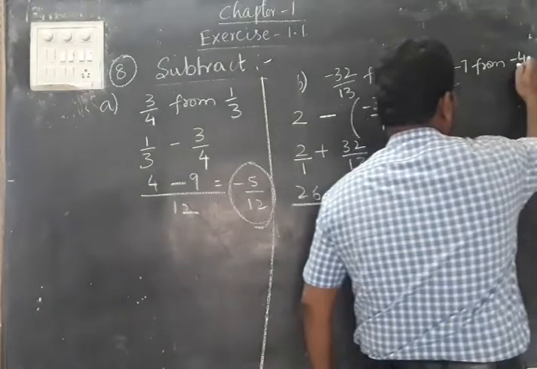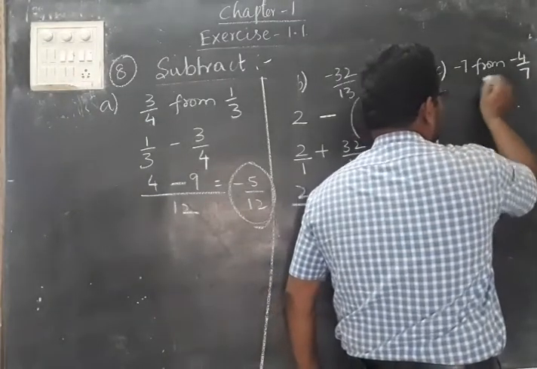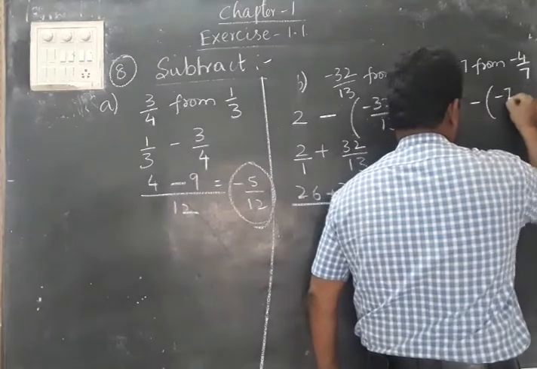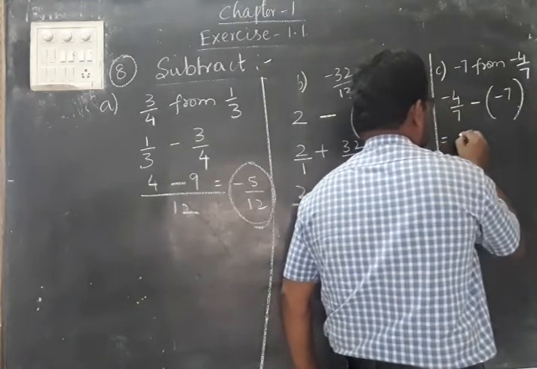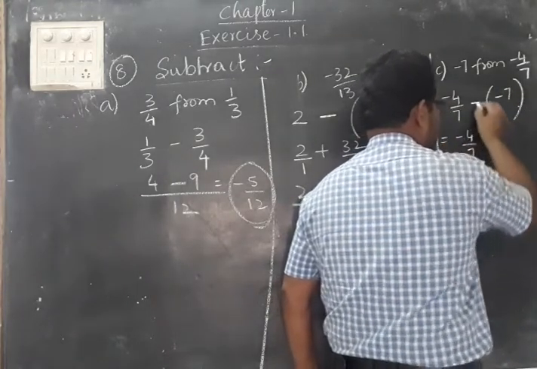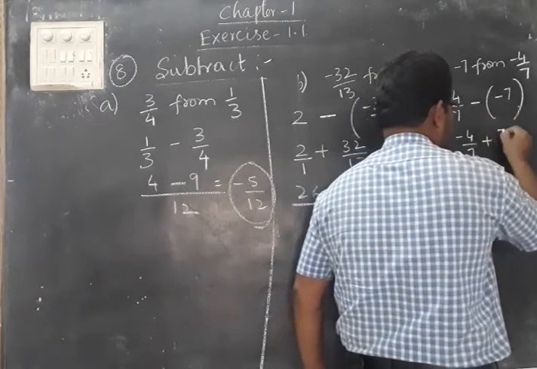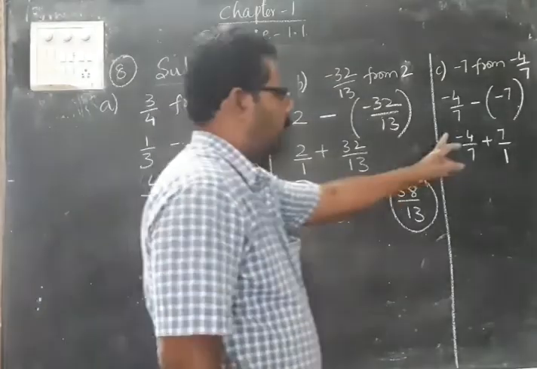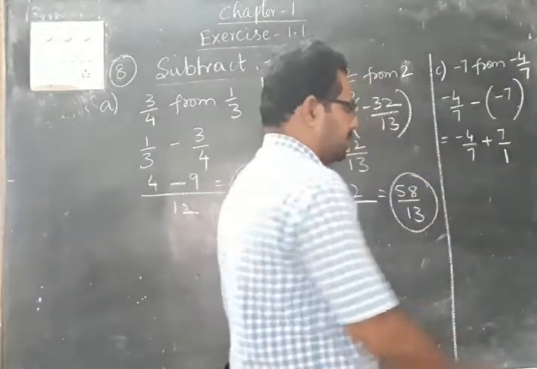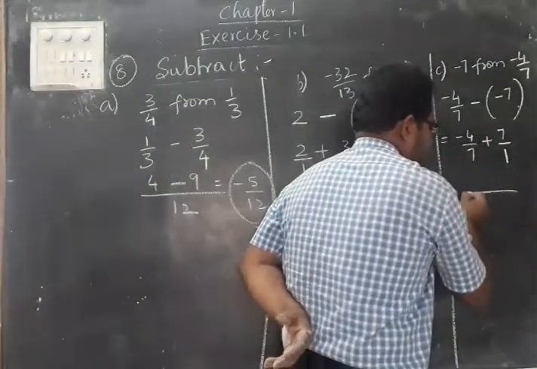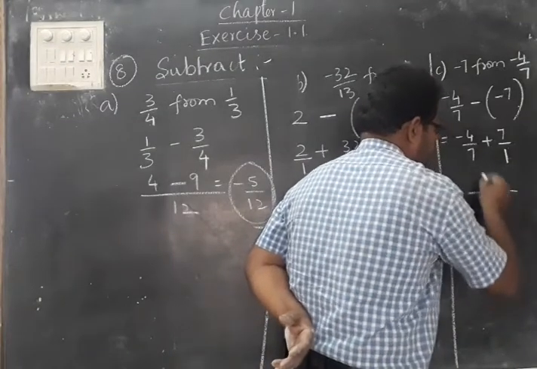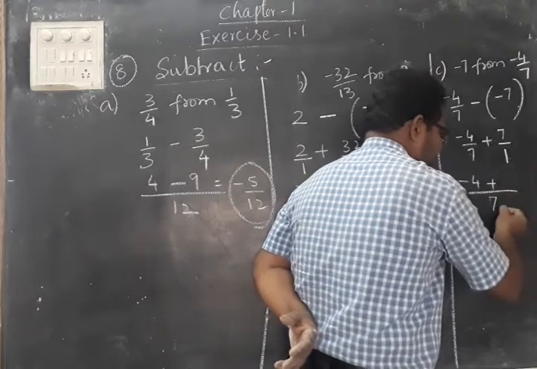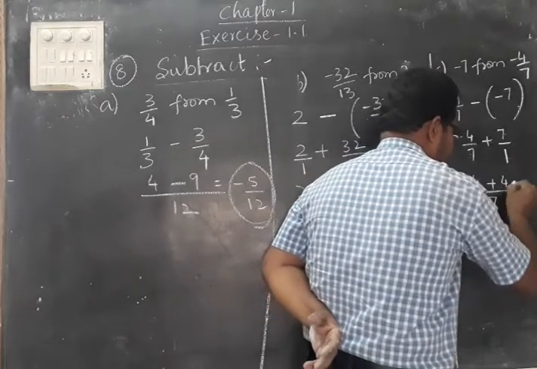Minus 7 from minus 4 by 7. So minus 4 by 7 minus of minus 7. For this, minus 4 by 7 minus into minus is equal to plus 7 by 1. Again, here also one minus and one plus number is there. So 7 and 1, if you take the LCM, 7. 7 ones are 7, minus 4 ones are minus 4. 1 seven is 7, 7 sevens are 49.